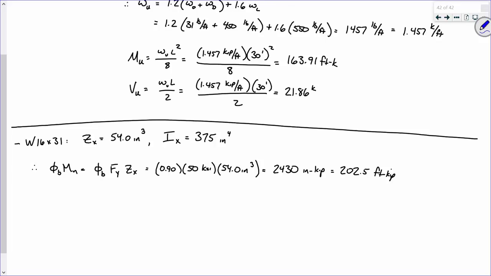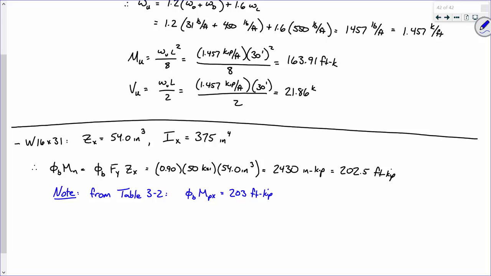Now note, from table 3-2, help me out. What was this? 203 foot kips.